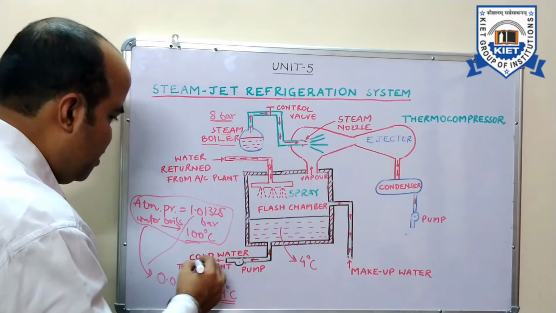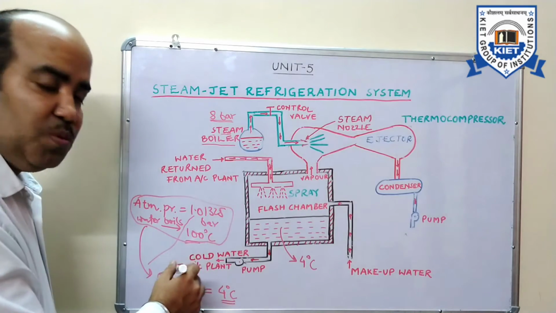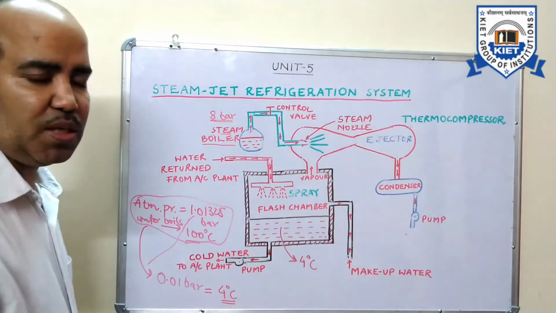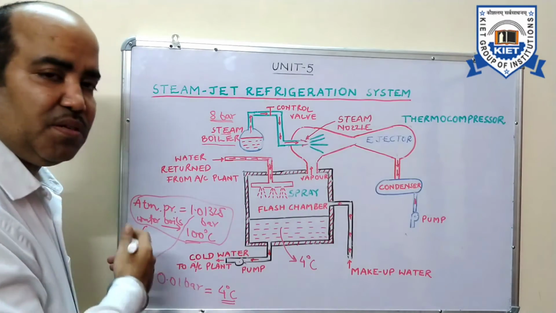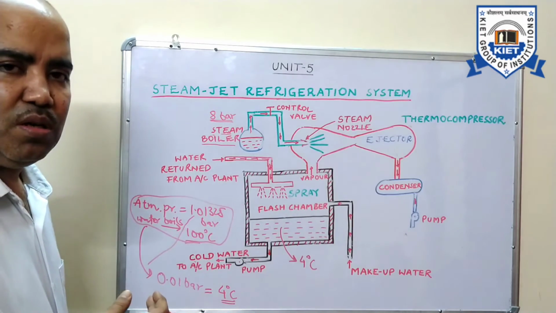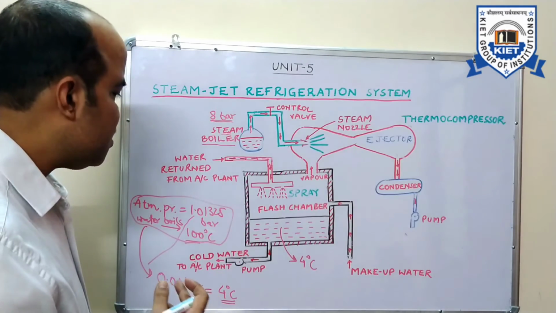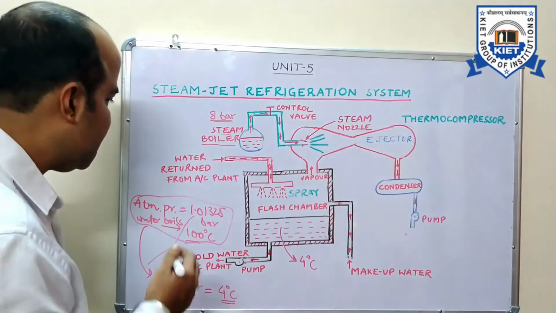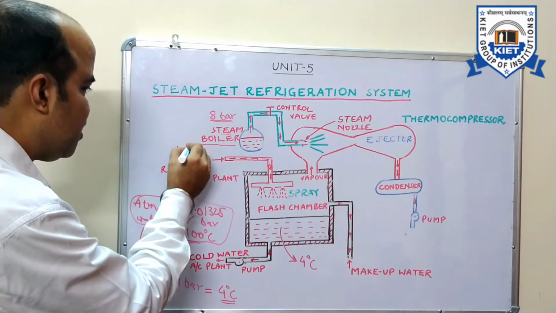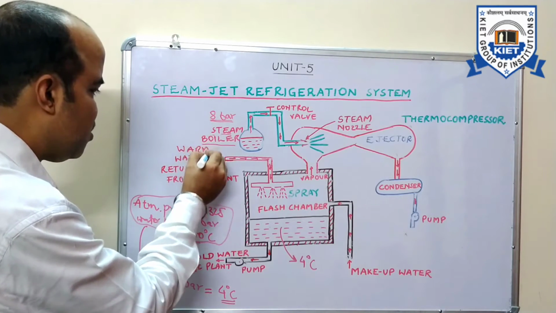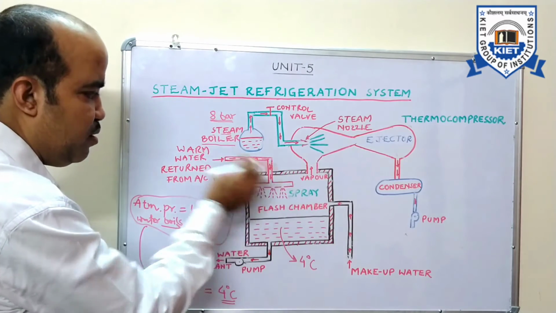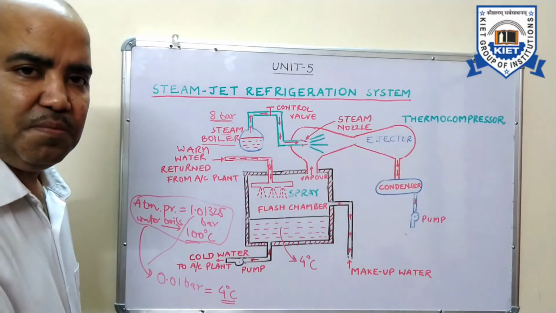I was telling you that this cold water is supplied by means of the pump to the space which is required to be cooled. After absorbing the heat from the space to be cooled, or the refrigerated space, the water becomes hot, and this warm water is returned by means of a pipeline to the flash chamber.